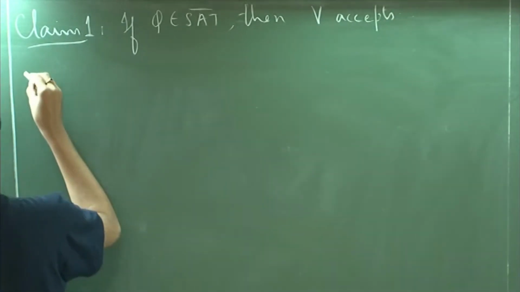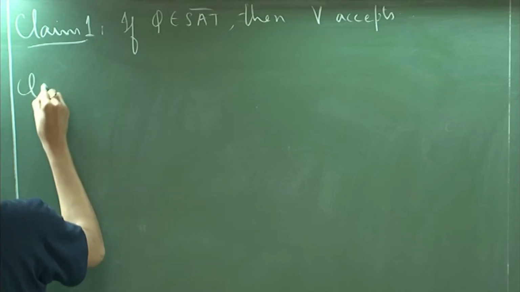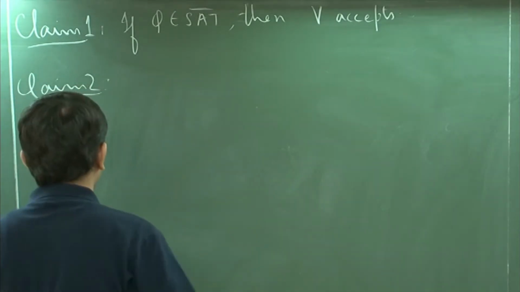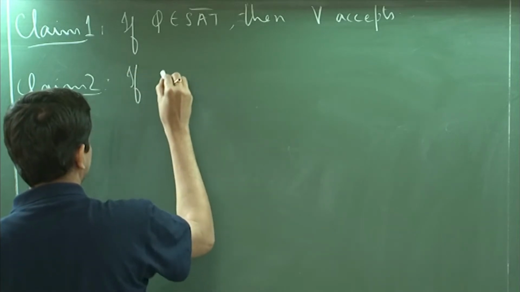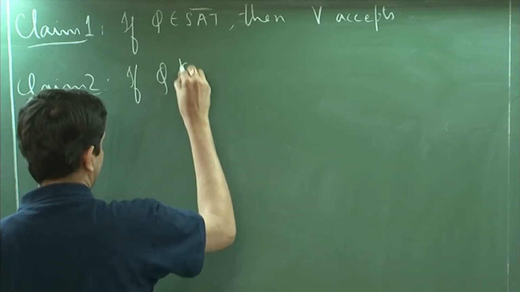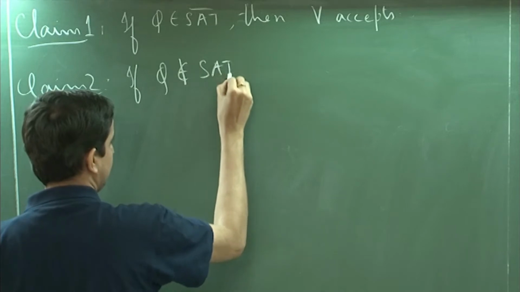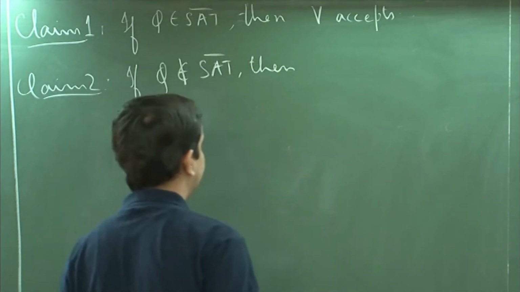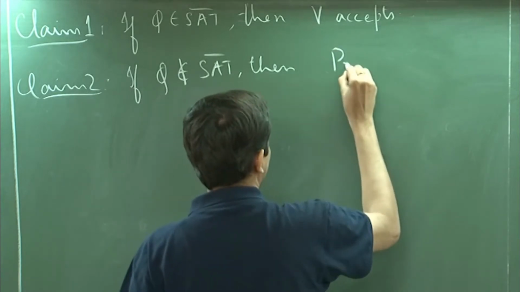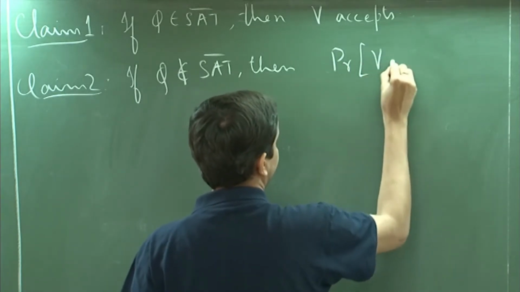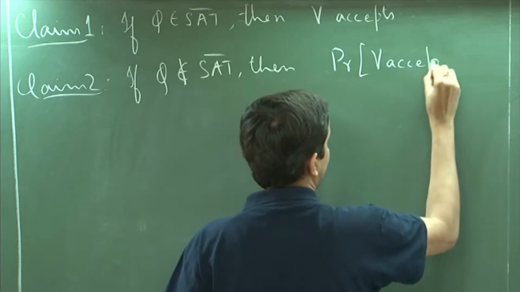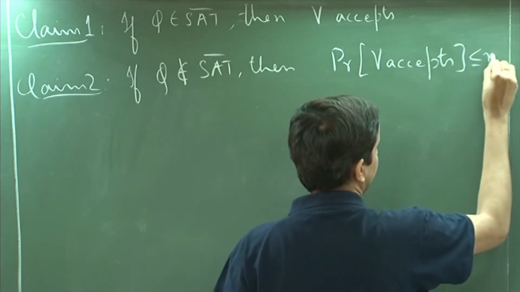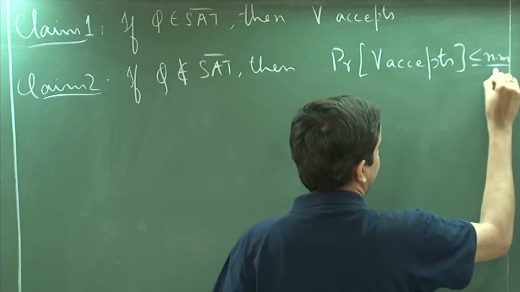And the second claim, which we will show today, is that if phi is satisfiable, then the probability that V accepts is quite small. So, it is smaller than nm by q.